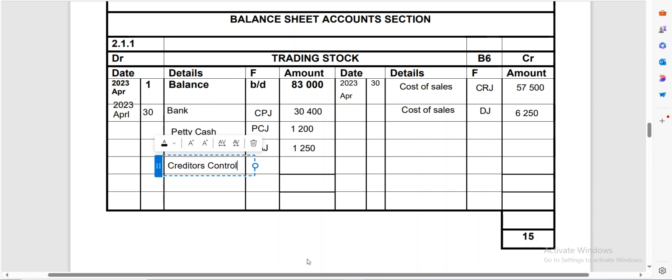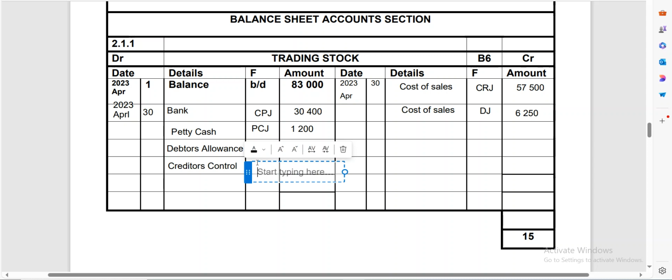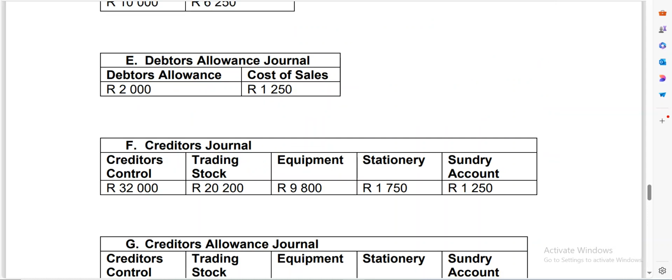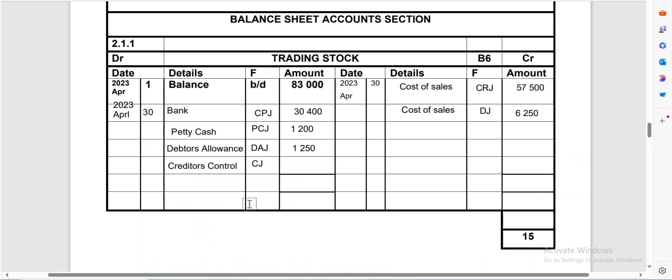And then where am I seeing this? I'm seeing this in the CJ. What is the amount of that stock in the creditors control? According to here, it's 20,200. So write that 20,200 here.